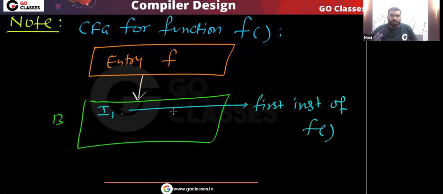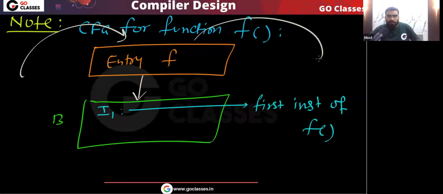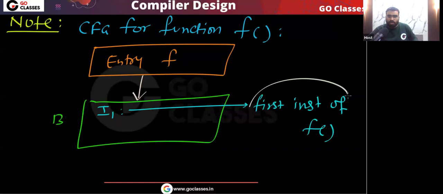Do you agree with me? Maybe you are coming from the main function, or from some other function to f. Then the first instruction that you will execute in f will be the first instruction of f. Agree?